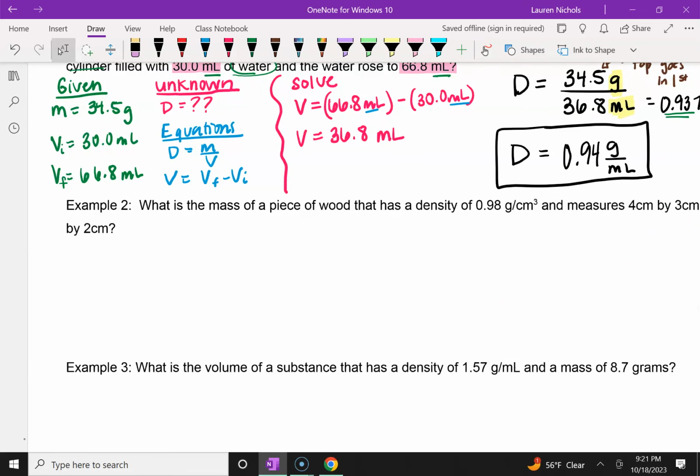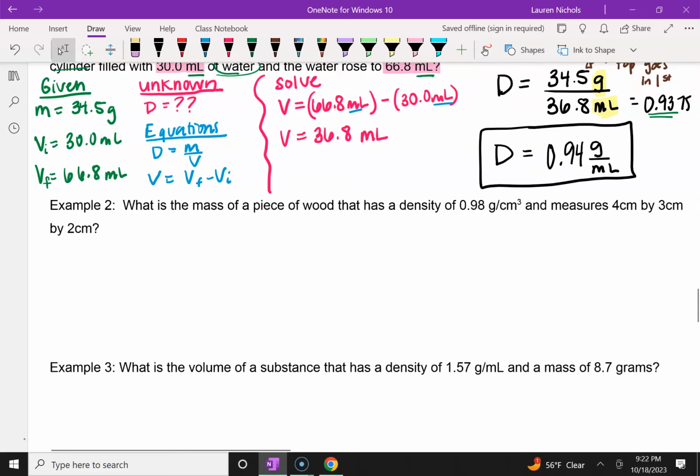Example number 2 is going to be very similar, but they're giving us slightly different information. So if we look at what we are given in this problem, we see that we've got 0.98 grams per centimeter cubed. We have 4 centimeters, 3 centimeters, and 2 centimeters in the problem. Because this has grams and centimeters, and it says it's the density of this, both of those things match.